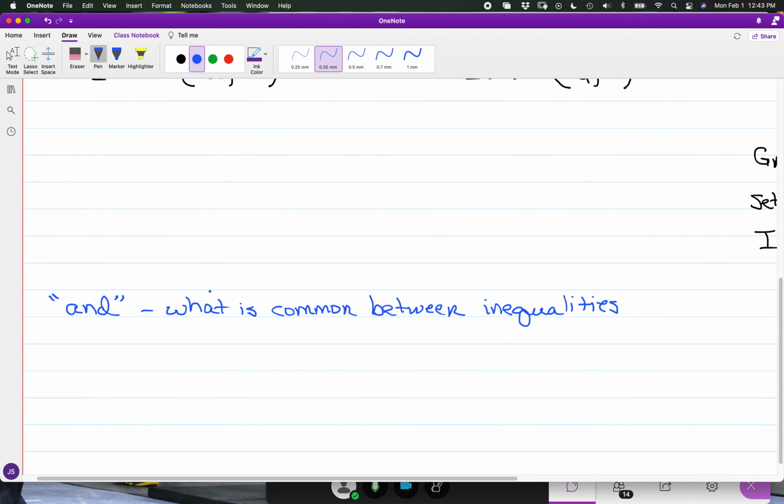Whereas the word or, you're looking at combining everything, shared or not, between inequalities. So in other words, and is fixated upon what is shared or common between inequalities, whereas or combines everything, shared or not.